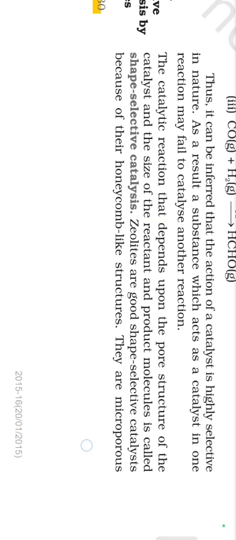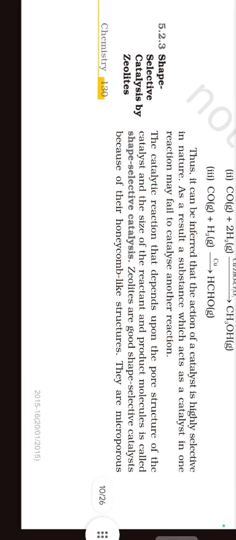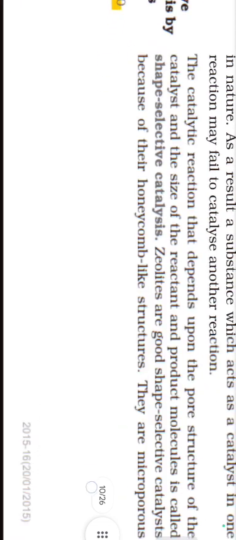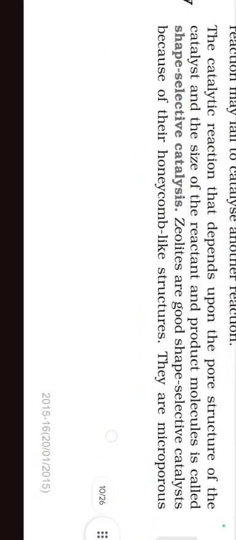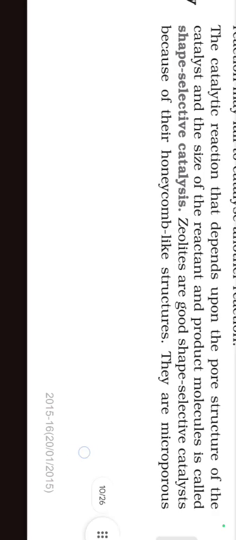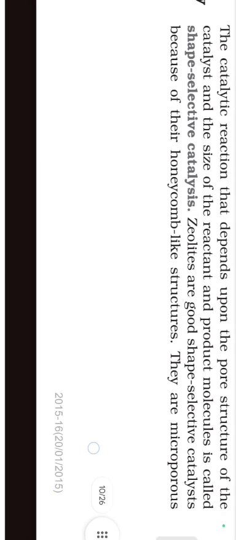As a result, a substance which acts as a catalyst in one reaction may fail to catalyze another reaction. Shape selective catalysis by zeolites. The catalytic reaction that depends upon the pore structure of the catalyst and the size of the reactant and product molecules is called shape selective catalysis.